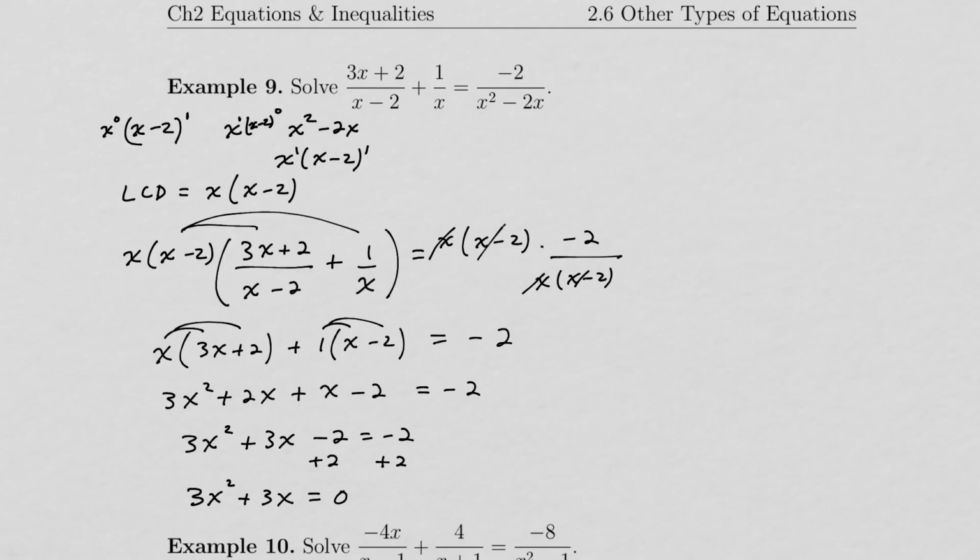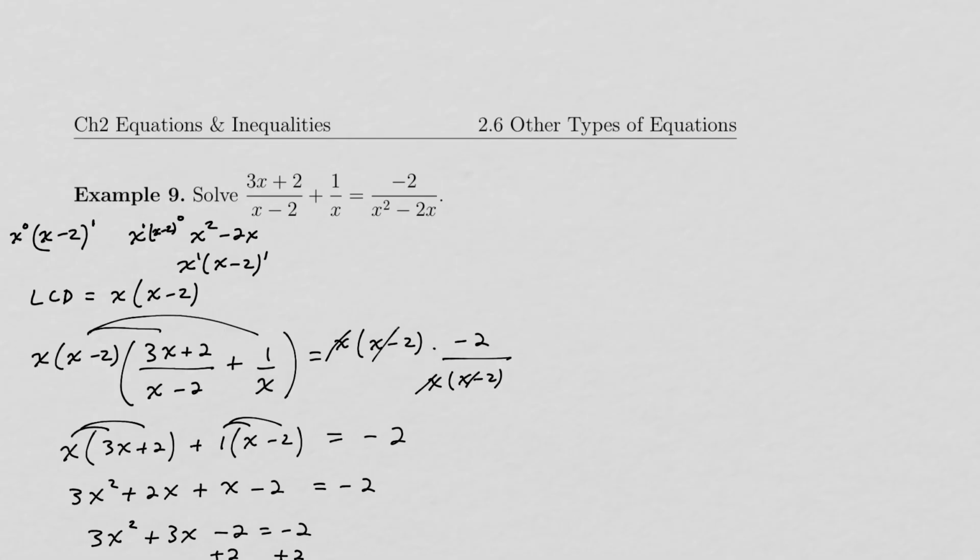Okay, so now let's solve this for x. So go back up here. I have 3x squared plus 3x is equal to 0. So I can factor out a 3x, and I'm left with x plus 1 is equal to 0.